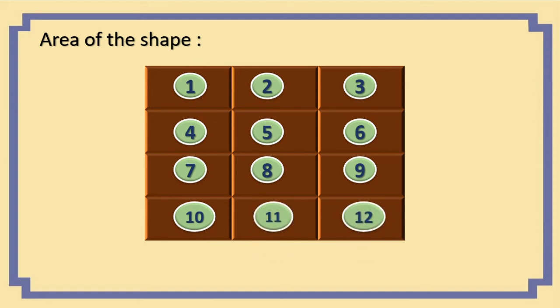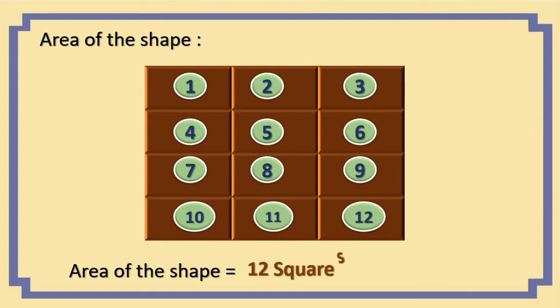Okay, now we can say that area of the shape shown here is equal to 12 squares. Got this, children? Because on the surface there are 12 squares. So we can say area of this given shape is equal to 12 squares.